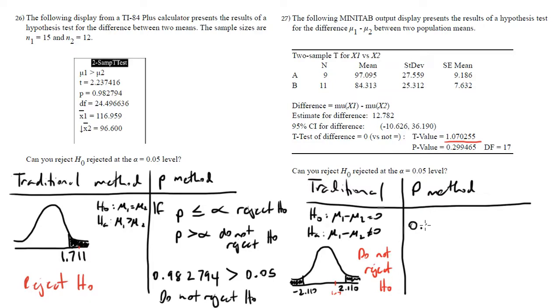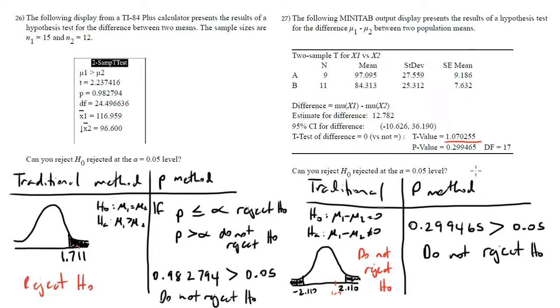P is 0.299465. Alpha is 0.05. P is definitely larger than alpha, so do not reject the null hypothesis.